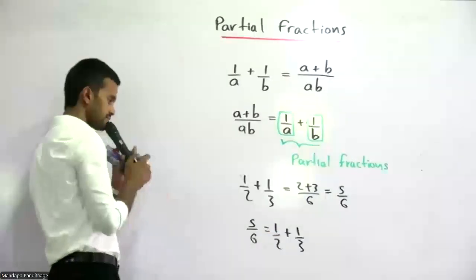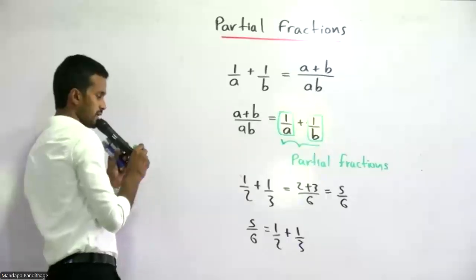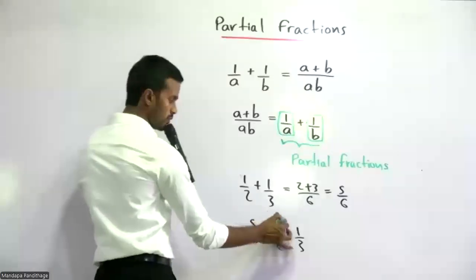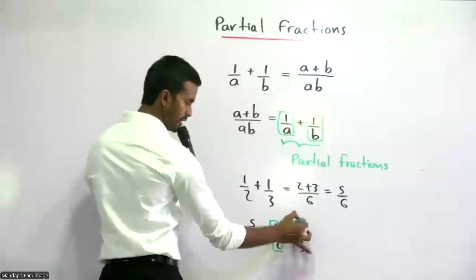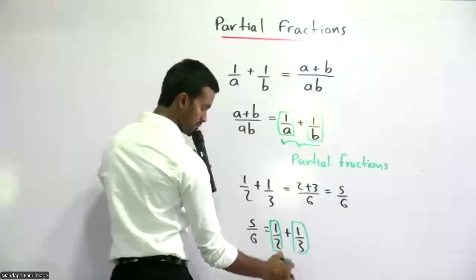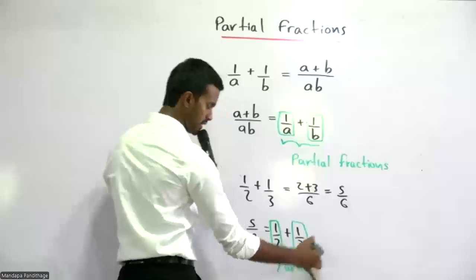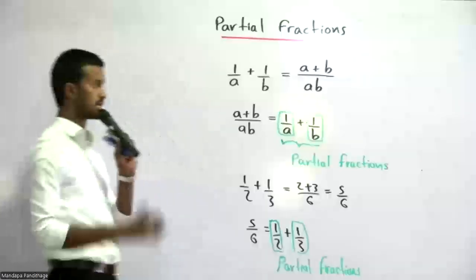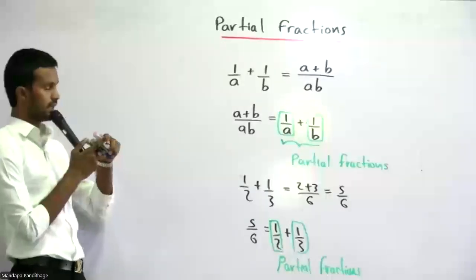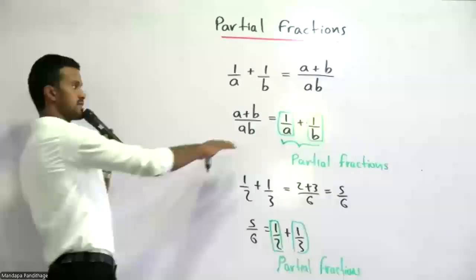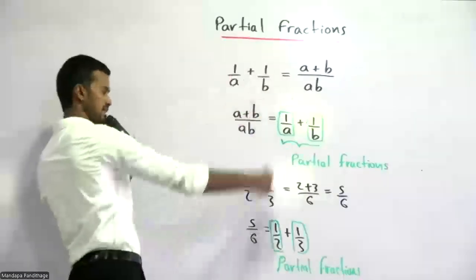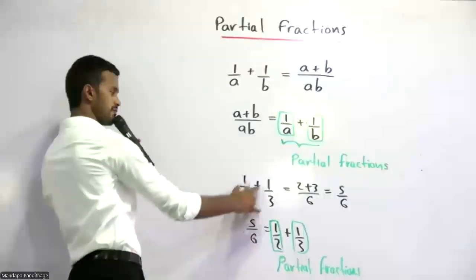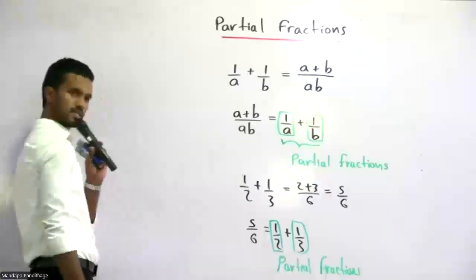Here I have split 5 over 6 into two initial fractions that it was made of, and these are named partial fractions. But normally, when we are working with partial fractions, we are not considering these types of fractions. We won't consider numerical fractions in this way.